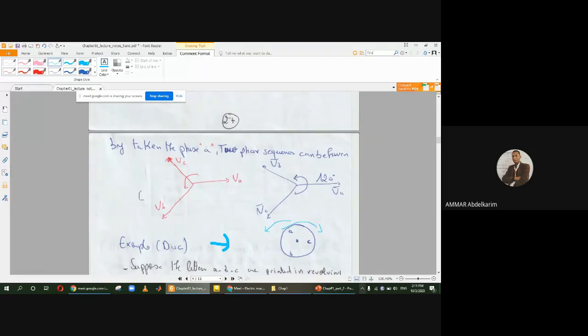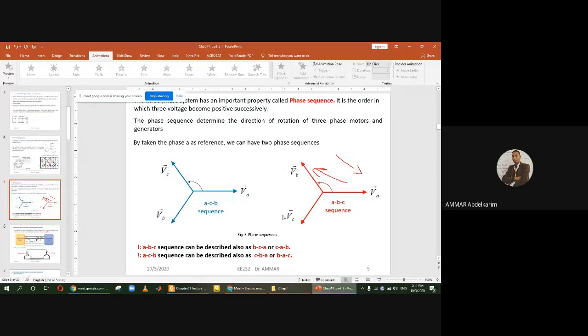Here we didn't mention the angle or something like this. We are talking about the order of phases. In the next slide, we're going to see what is the exact effect of the phase sequence.